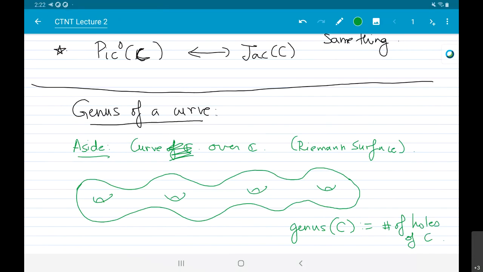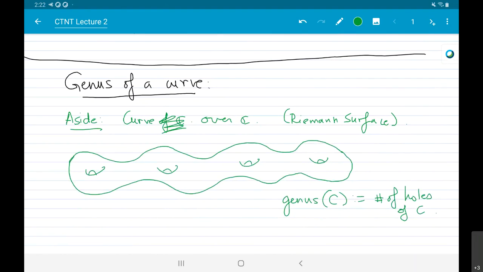And if you've seen some topology, then it turns out that the homology of this curve is generated by 2g generators. So I'm going to call this g, et cetera. While this picture doesn't make sense over F_q, there is a notion of homology and cohomology even in finite fields.